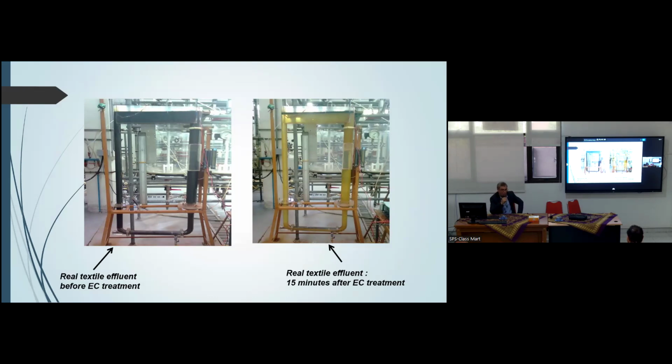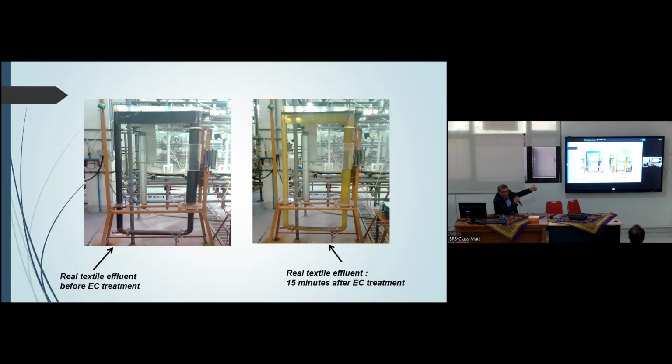And we have here a picture of the airlift reactor. So we have the real textile effluent. After 50 minutes, we decolorize, but the yellow is still not removed. After maybe 1 hour, we can remove all the colors.